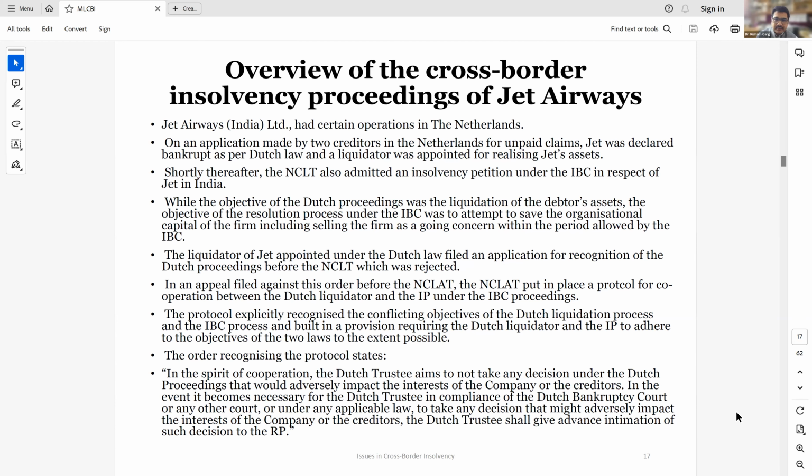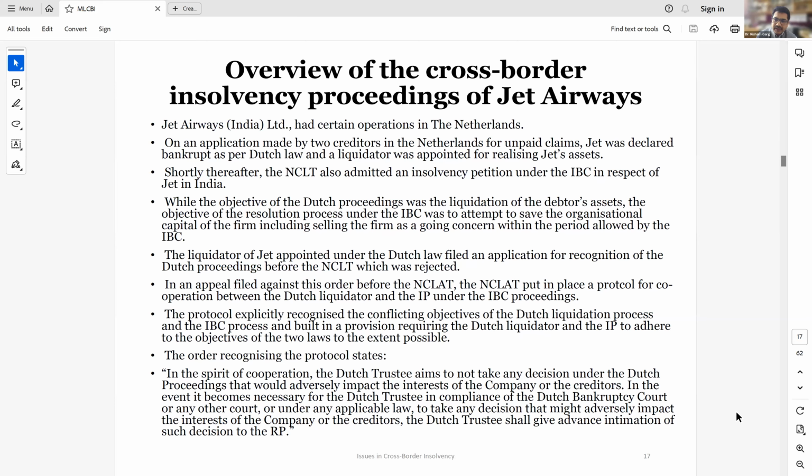By that time, the SBI had filed a Section 7 application against Jet in NCLT Mumbai, which was admitted. And by the time the appeal of the Dutch liquidator came up for hearing in the NCLAT, the Jet insolvency was already admitted in India.